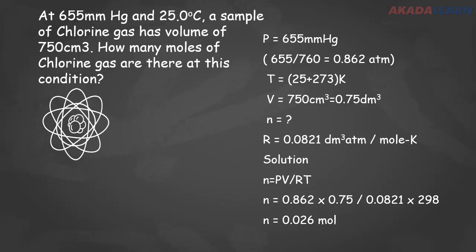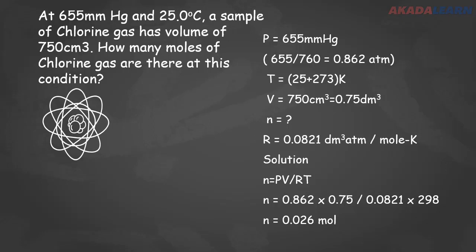The amount n is unknown. R is a constant, actually 0.0821 dm cubed atmospheres per mole Kelvin. That's why, if you notice the pressure above, we have to convert it from millimeter mercury to atmospheres.